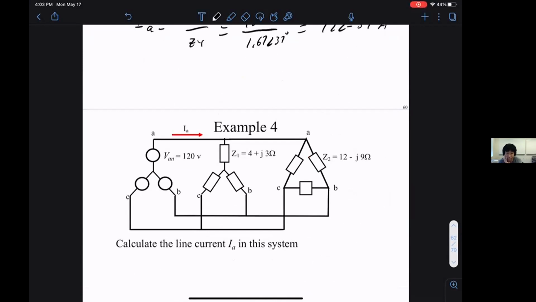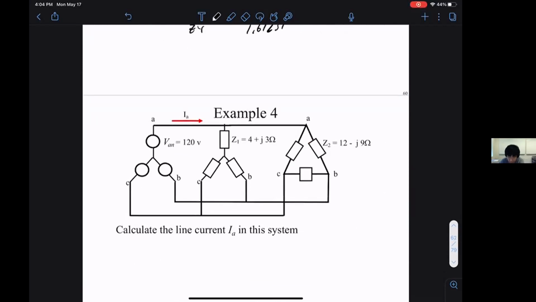But when you have two loads like this in the system, you really do not want to figure out what each of the currents are and do first principle calculations. When you have three things connected, it's much easier to do a transformation.